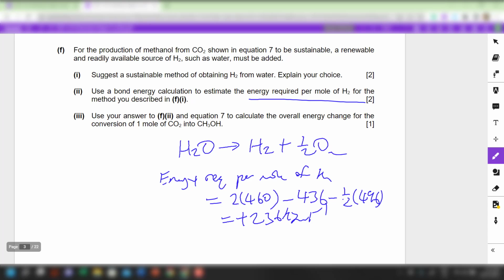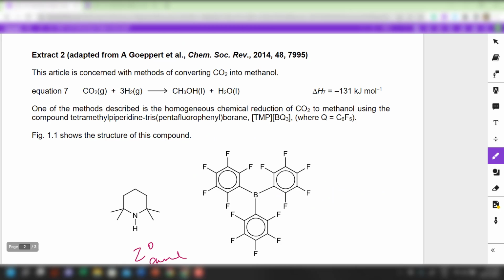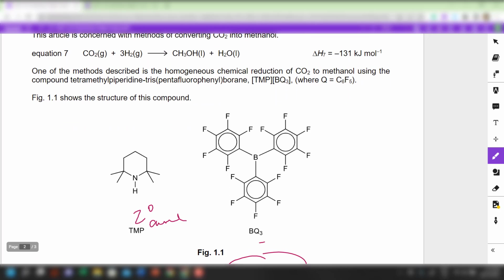And then from here you're supposed to use your answer to F2 and equation 7 to calculate the overall energy change for the conversion of 1 mole of CO2 into methanol. So can we do that easily?